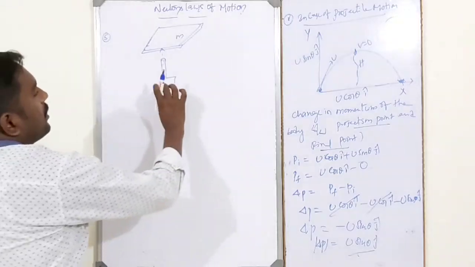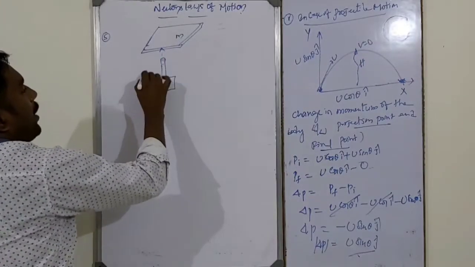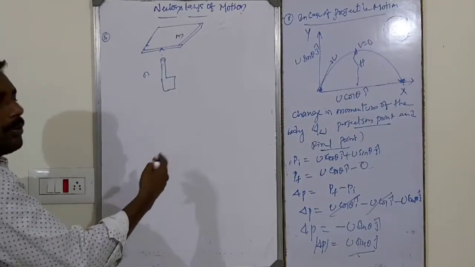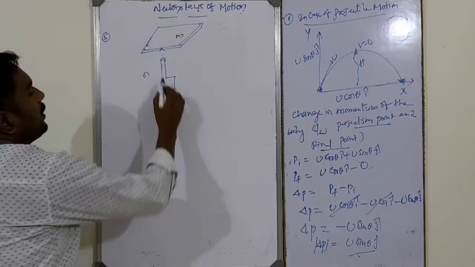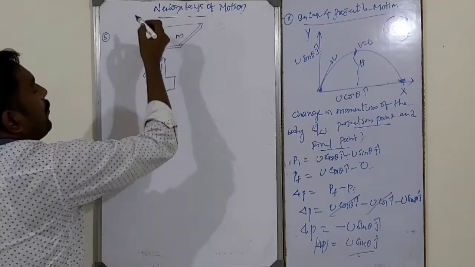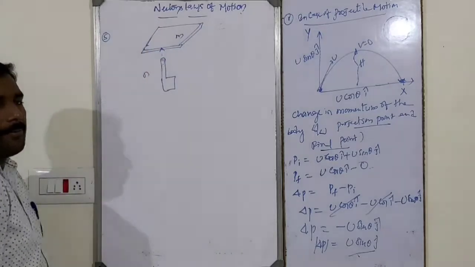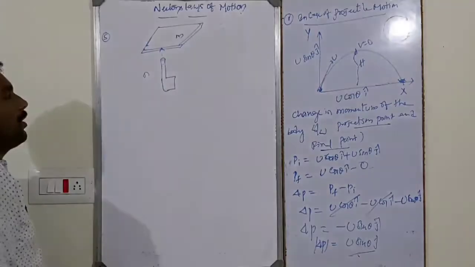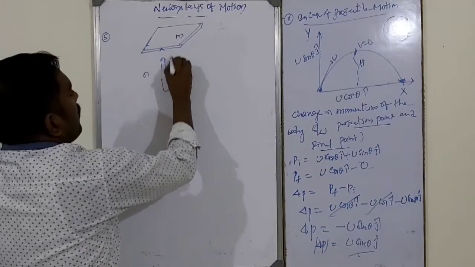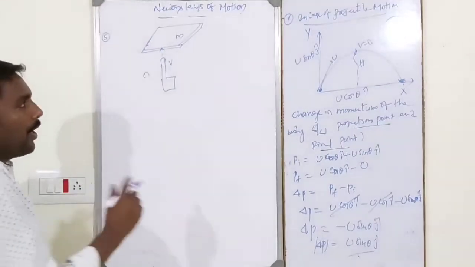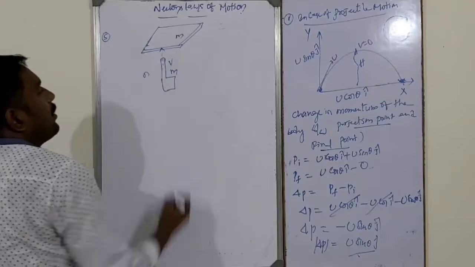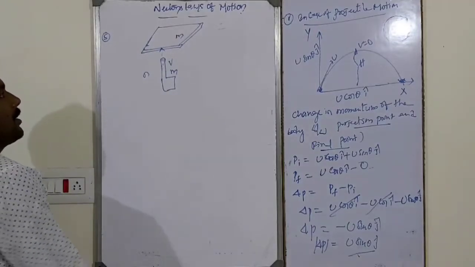So that means the number of bullets fired per second is controlled by the weight of the metal plate. Okay. In this case, v is the velocity of the bullet and small m is the mass of the bullet.